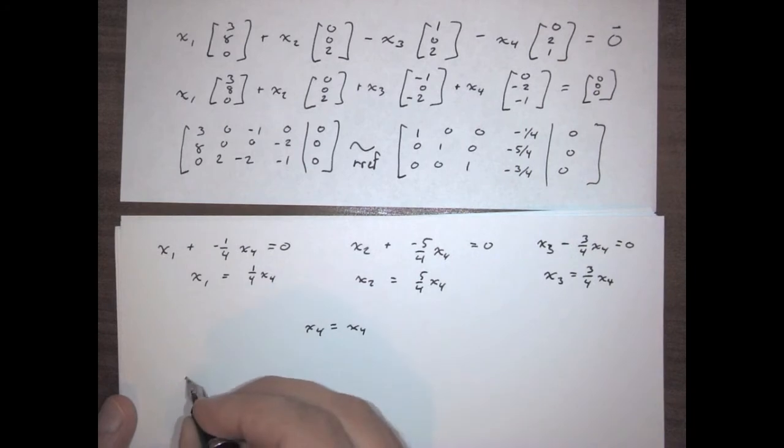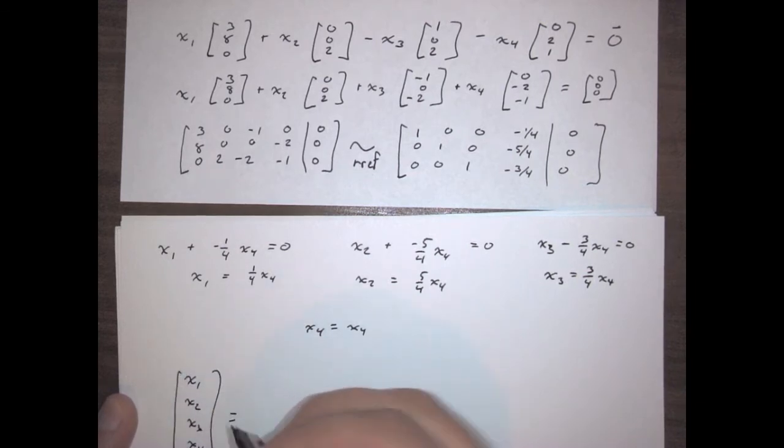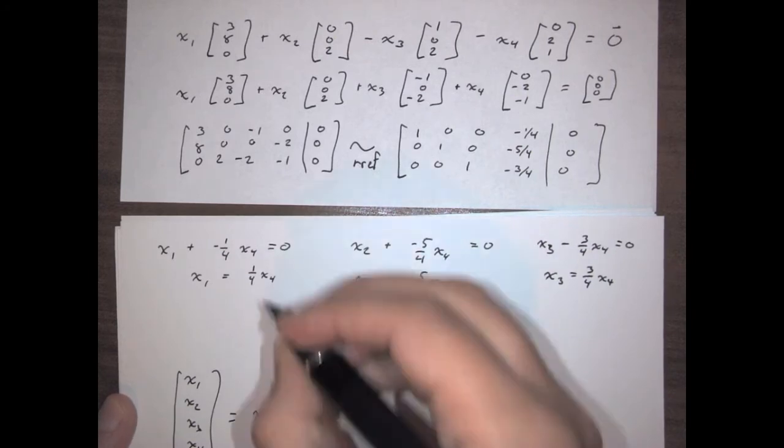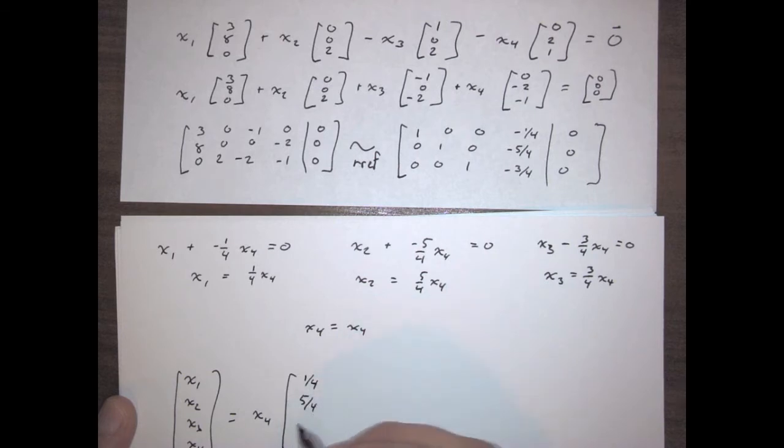So then, x1, x2, x3, x4 are equal to, cutting to the chase here, x4, I can pull it out of each one, so it's going to be 1/4, 5/4, 3/4, and 1.